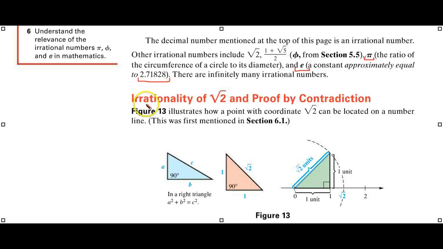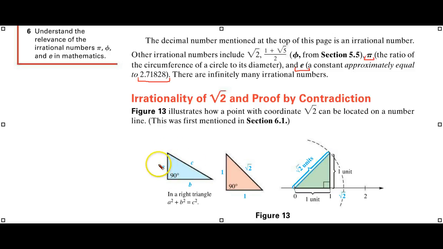And here we look at the irrationality of the square root of 2 and proof by contradiction. Now, this was something we had earlier, but didn't go into that much. So let's take a look at these figures before we go on. Here, this is a right triangle.